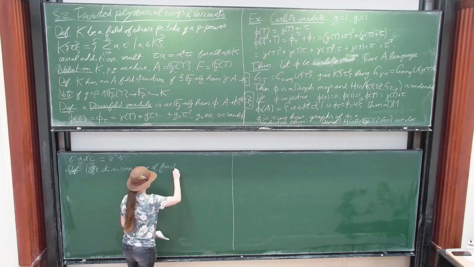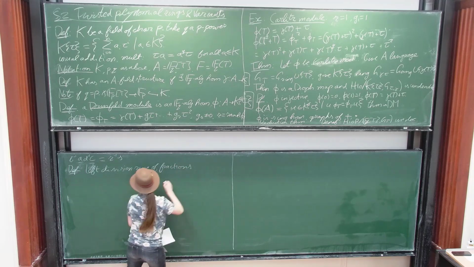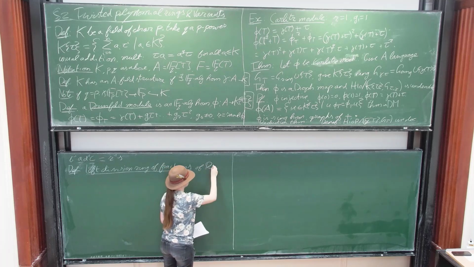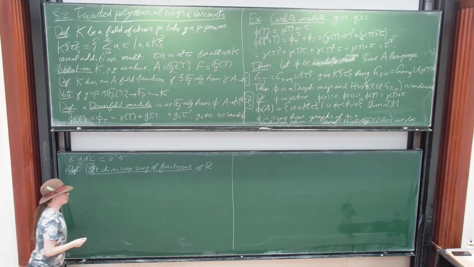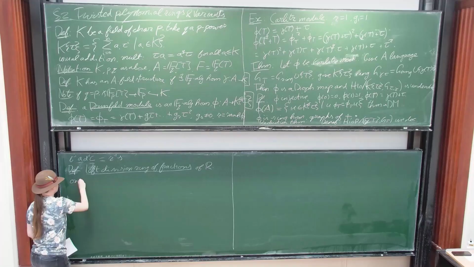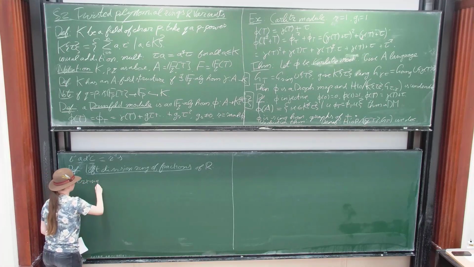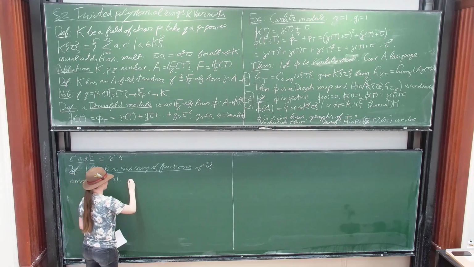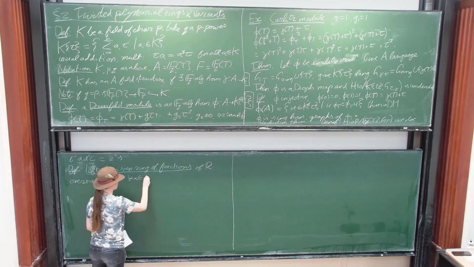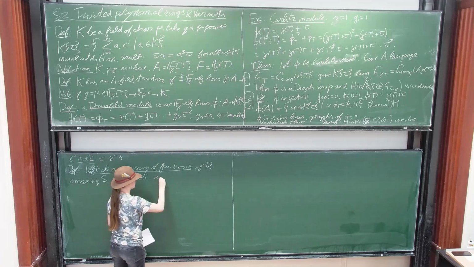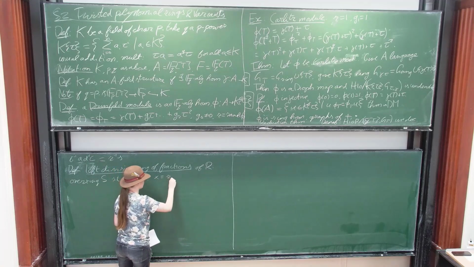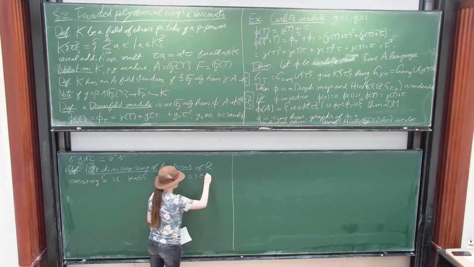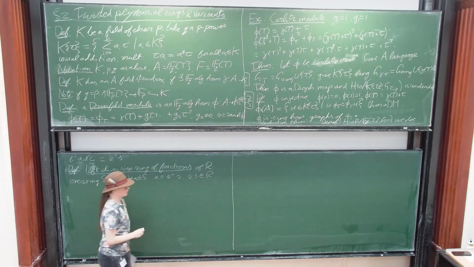Which is this way too long a word. Basically it's a ring S such that for every x in S, you can write x as r inverse times s, where r and s are elements of your ring.